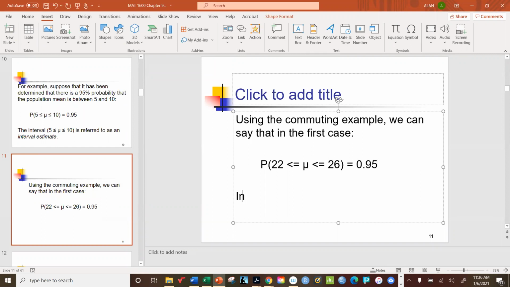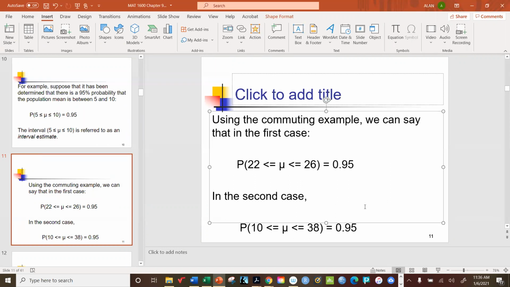In the second case, it's just between 10 and 38. You'll see how to adjust these probabilities.